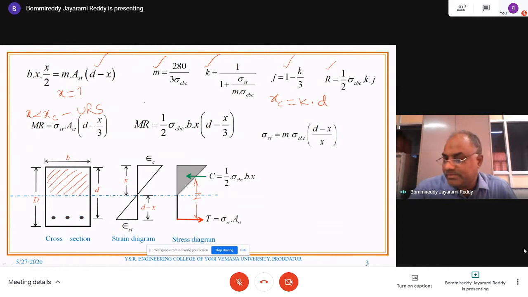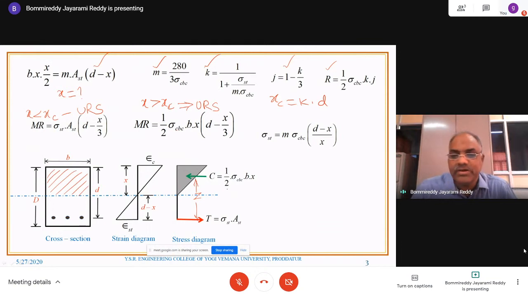Or otherwise, if x is greater than xc, then this is called the over-reinforced section. Once it is over-reinforced section, moment of resistance is governed by the concrete. So C multiplied by Z. What is C?